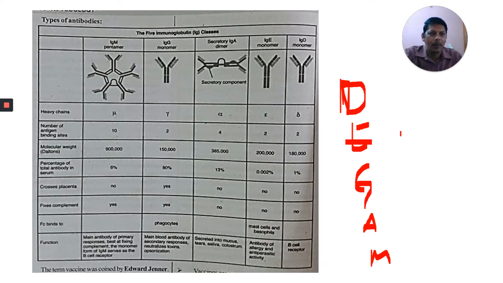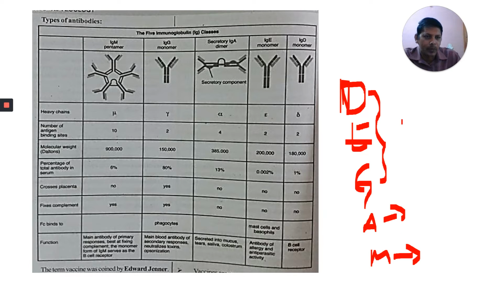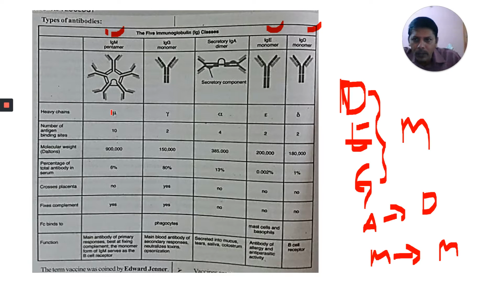These three are monomers, this is the dimer and this is the pentamer. You can observe here D, E, G, A, M. M is the pentamer.